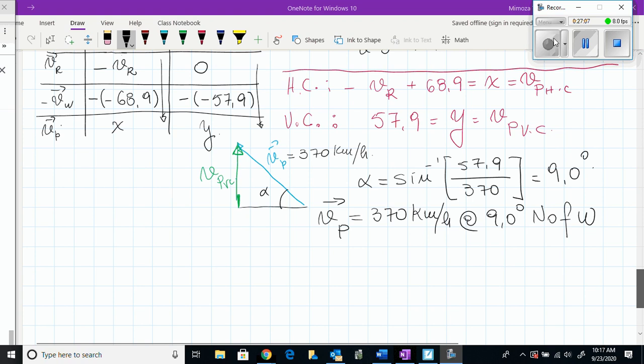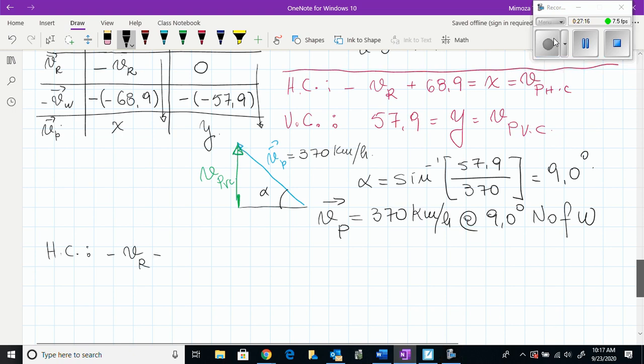Now the magnitude of the resultant velocity will be found by using the relationship that we get from the horizontal component. So it is negative VR plus 68.9 is equal to negative, because it is going in this direction, 370 times cosine 9 degrees. 370 times cosine 9 is equal to 365.4.